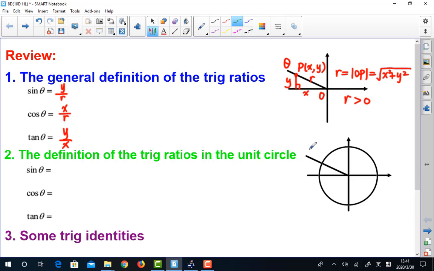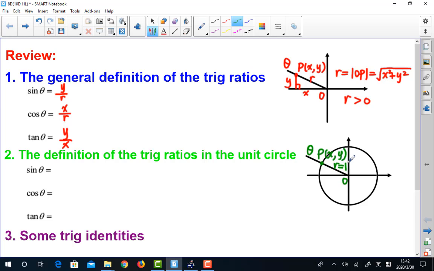We still have the same angle theta, and this time the point we will select is the point of intersection between the unit circle and the terminal arm. We still let the coordinates of this point be x and y. Since this is the unit circle, the distance between O and P is the radius of the unit circle.